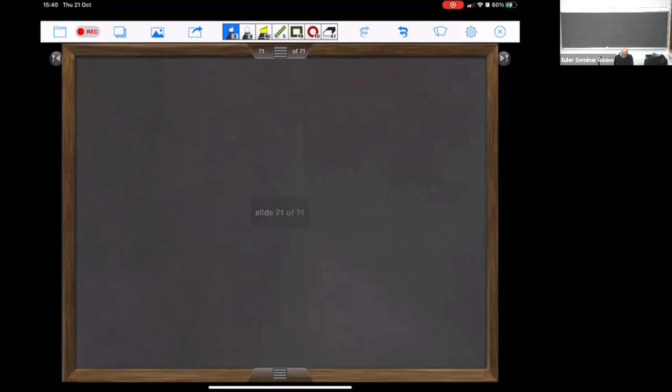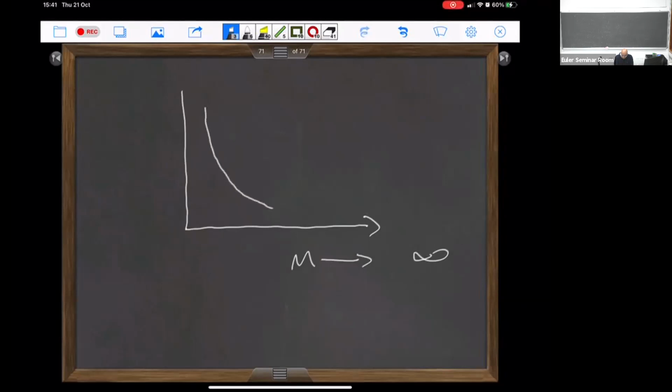And in the case of QCD, what actually happens is something like the following. I'll draw this very badly, but there's a scale.